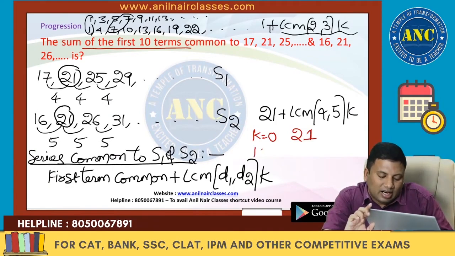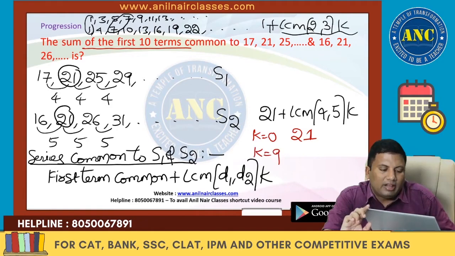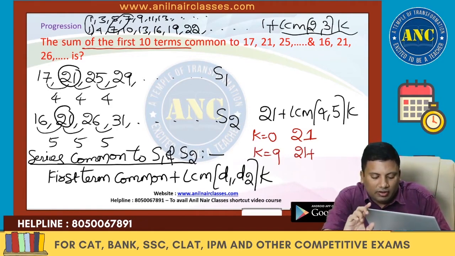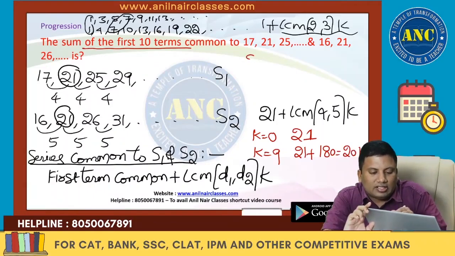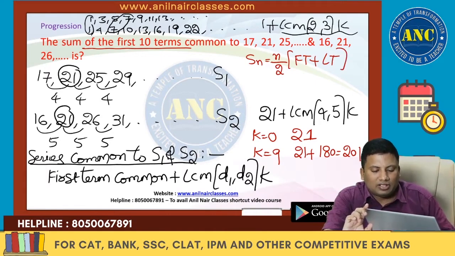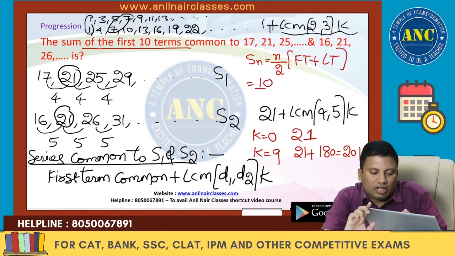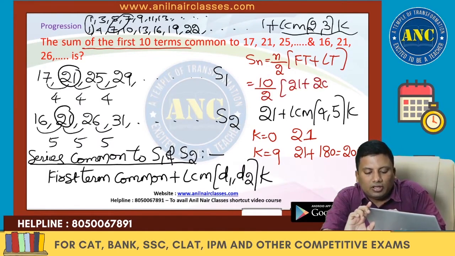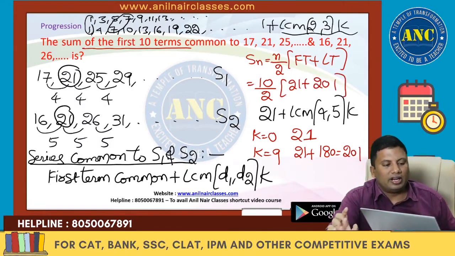Because it starts with 0, the 10th term will be K equivalent to 9, which is 21 plus 20 into 9, that is 180, which is 201. So Sn is n by 2 into first term plus last term, which is 10 by 2 into 21 plus 201. You will get this answer.